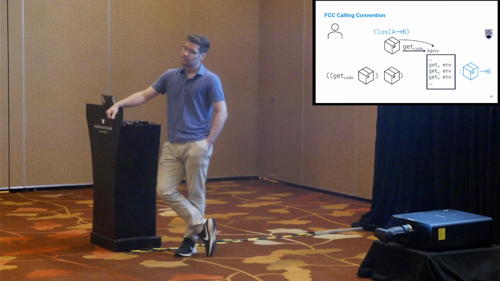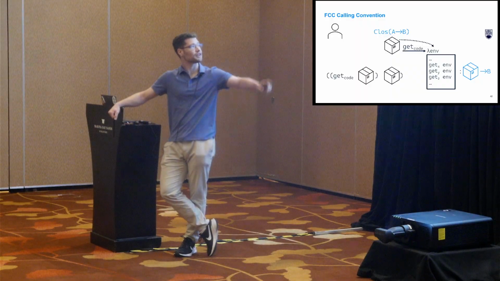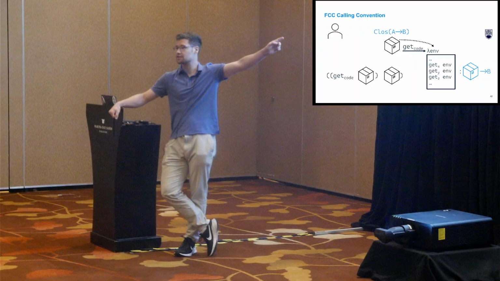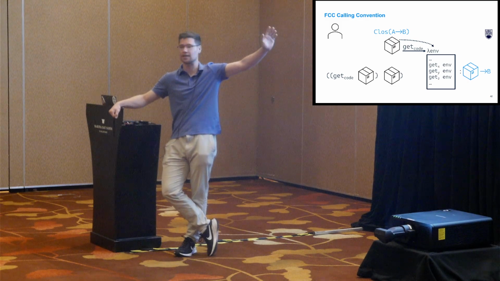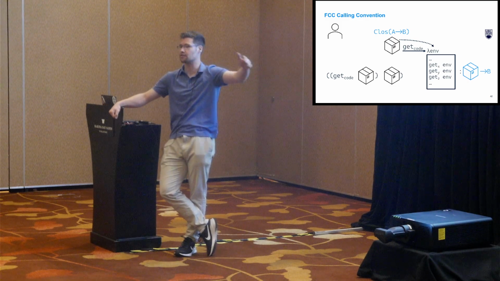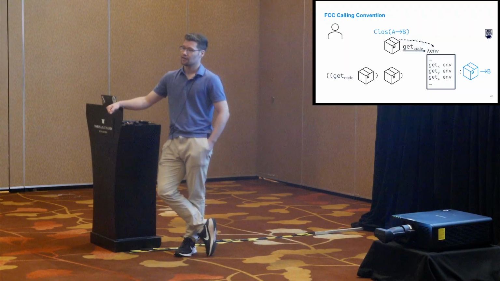Should we be reading that as closure from A to B to B? What I mean is that the box that you extract the code pointer from is what you pass in as the environment. So that's a singleton where the only inhabitant is whatever closure you projected the code pointer out of. And so then instead of using singleton types, do you think it might make sense to use recursive types?